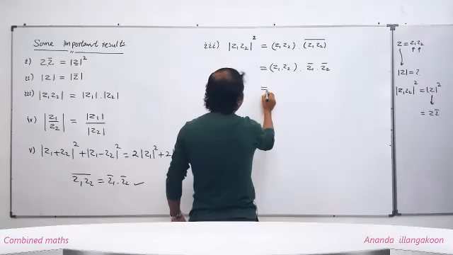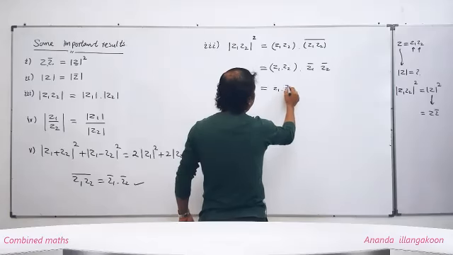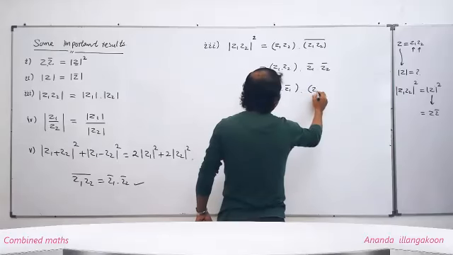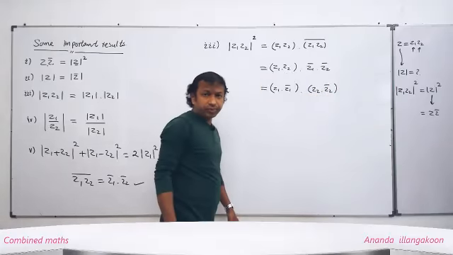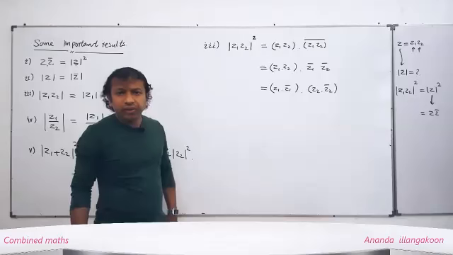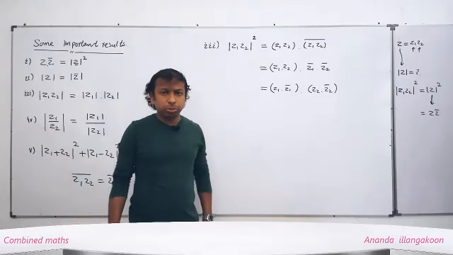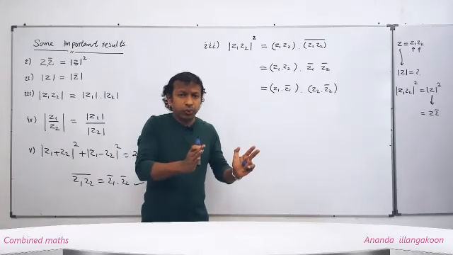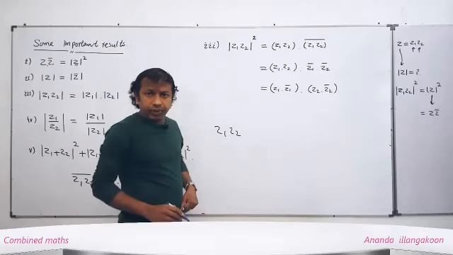Then I can write Z1 and Z1 bar, Z1 into Z1 bar, and Z2 and Z2 bar. I can write like this. People, you can remember, the multiplication of two complex numbers is another complex number. You can see Z1 and Z2 are two complex numbers, right?